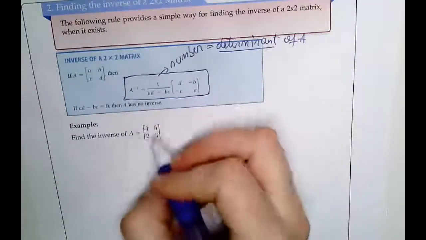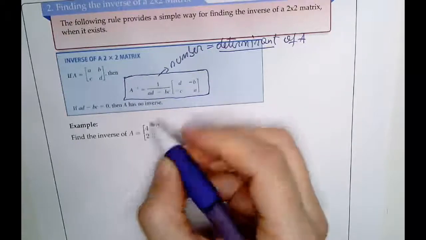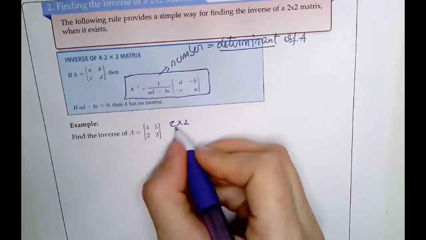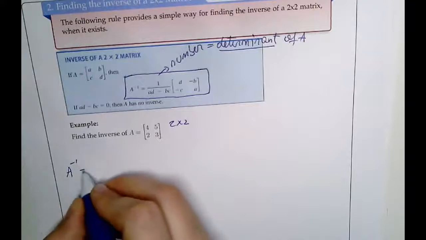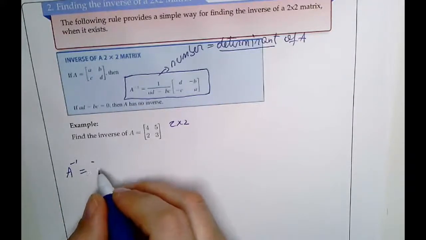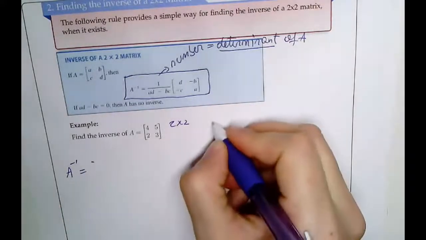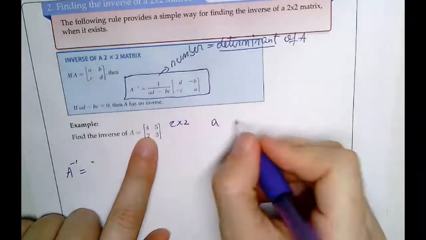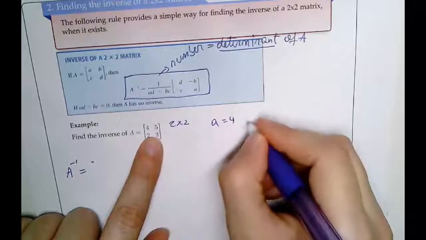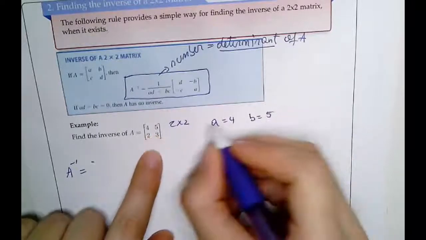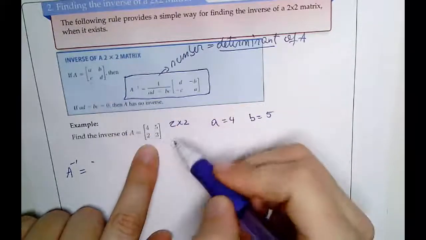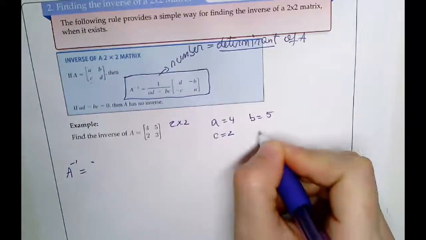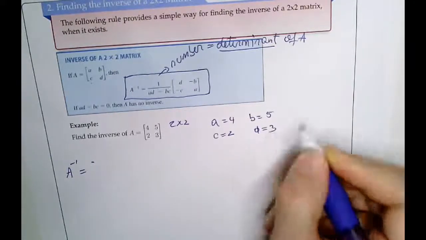All right, so let's find the inverse of this A right here. It's a 2 by 2. So according to the rule, let's see what plays the role of my A. Well, A is in the first row, first column, so A is 4. B is 5. C is 2. And then D is 3.